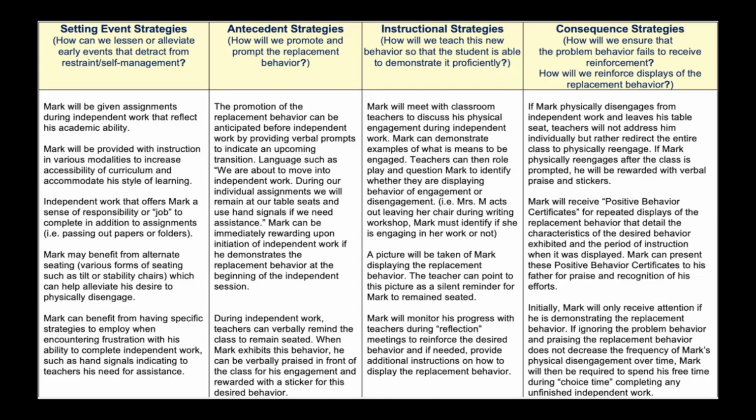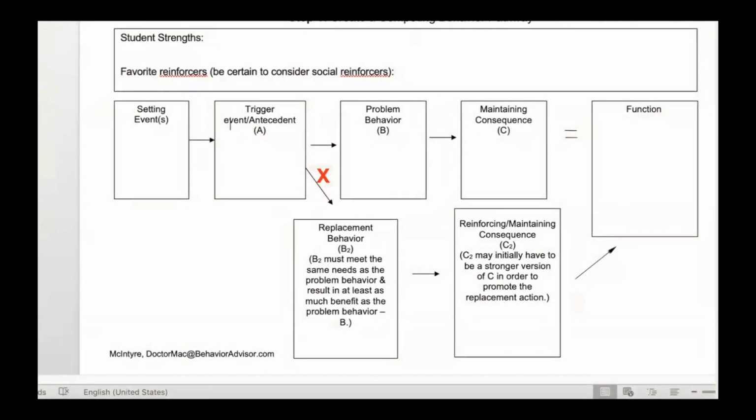What are some of the ways that I can engage each of these 4 columns to create a heightened chance of the student showing an appropriate replacement behavior? You'll also be asked to fill out this form that will display what happens when the inappropriate behavior occurs.